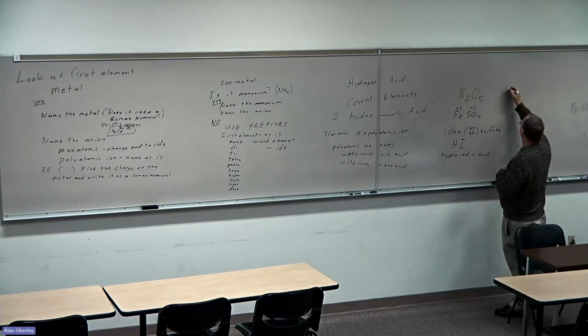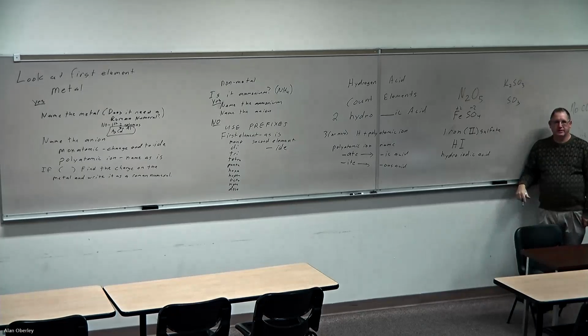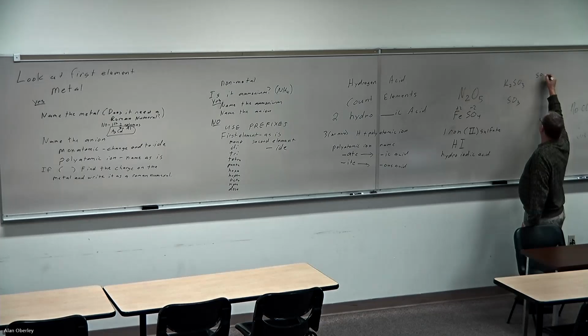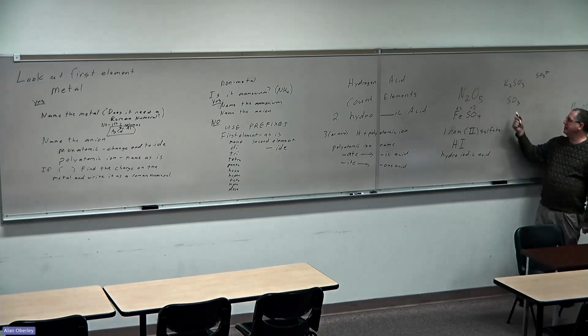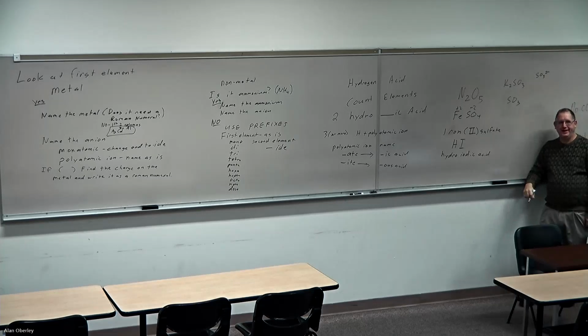These are two different things. In this one, our sulfite is SO3 2 minus. In this one, it's sulfur trioxide. If it's just two nonmetals and there's no charge, it's not a polyatomic ion. If there's a metal in it, that's sulfite then. Okay?